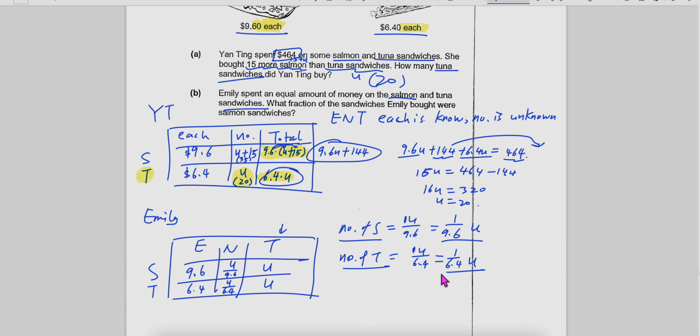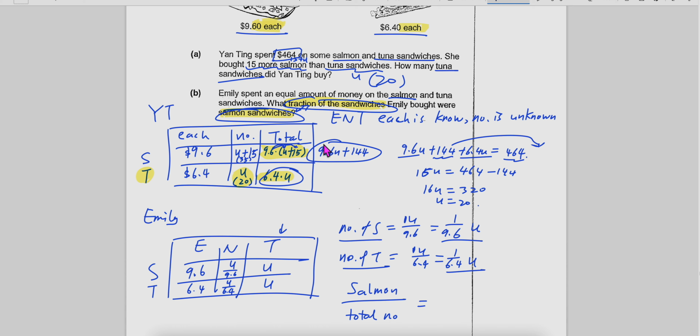Clear? Then now they say you need to find the fraction of sandwiches Emily bought that were salmon sandwiches. So how do you get this in mathematics? It is salmon over the total number. The fraction of sandwiches that are salmon is salmon sandwich divided by the total number. Not total amount.